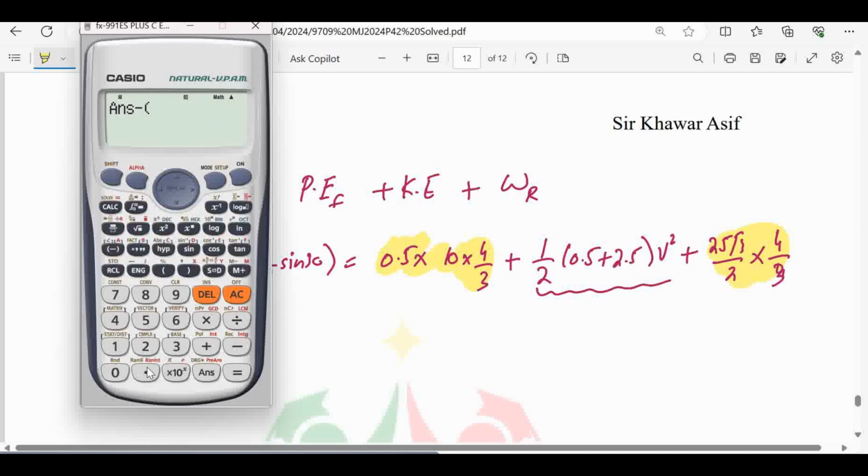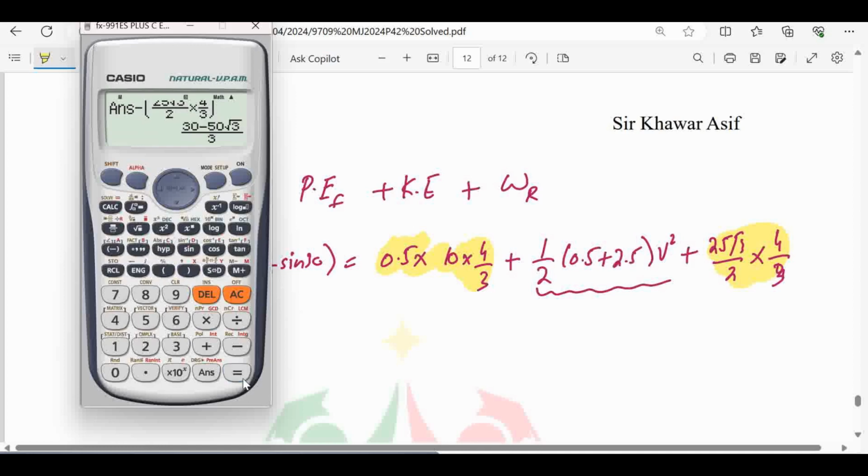Minus 0.5 into 10 into 4 by 3, bracket close, minus, again we have to use 25 square root of 3 divided by 2 multiplied by the fraction 4 by 3, bracket close.